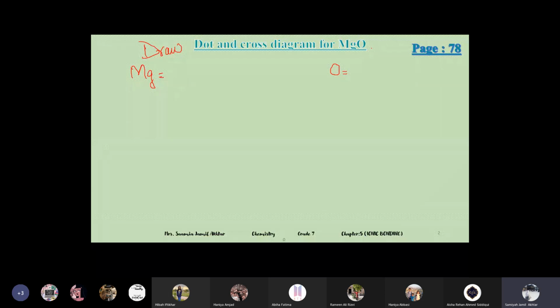Okay, so magnesium, from the periodic table you can see, has 12 electrons. Whatever the atomic number is will be its number of electrons. So from the periodic table, magnesium is 12 and oxygen is 8. Now write the electronic configuration.